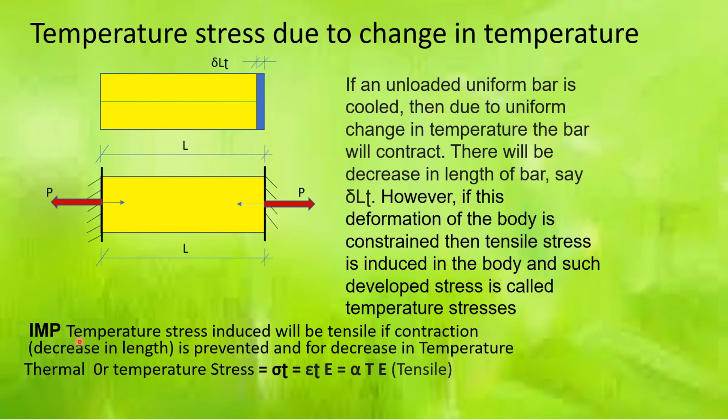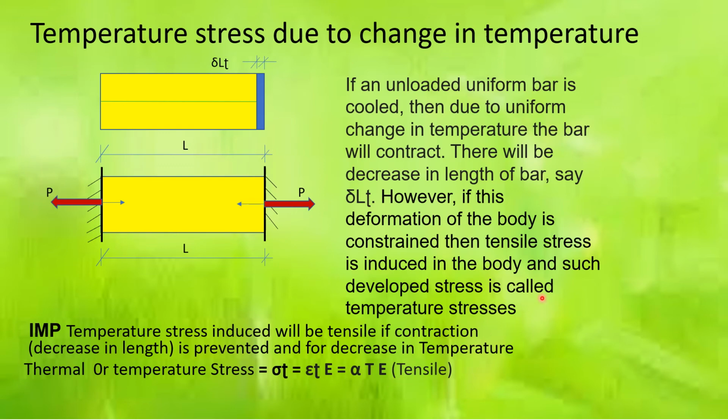So what is important here to understand is temperature stress induced will be tensile if contraction, that is decrease in length, is prevented, for the decrease in temperature. And again this thermal stress will also be equal to sigma T is equal to epsilon T into E, which is equal to alpha T into E. So the formula remains alpha into T into E, and this stress will be tensile.